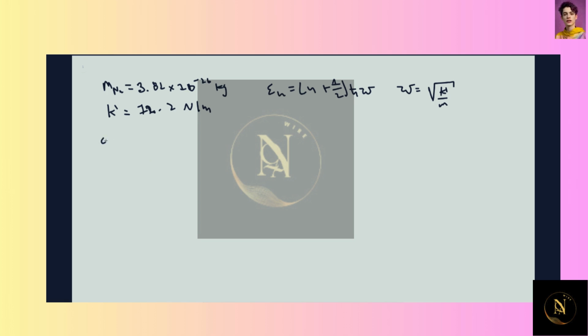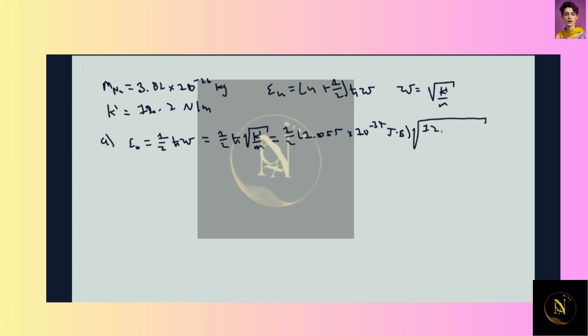So now for part A, in order to solve for the ground state energy, E sub 0 is just equal to 1/2 h bar omega, which is equal to 1/2 h bar times the square root of k prime over m, which is equal to 1/2 times 1.055 times 10 to the minus 34 joule seconds times the square root of 12.2 newtons per meter divided by 3.82 times 10 to the minus 26 kilograms.